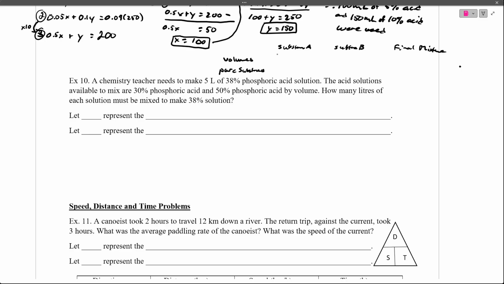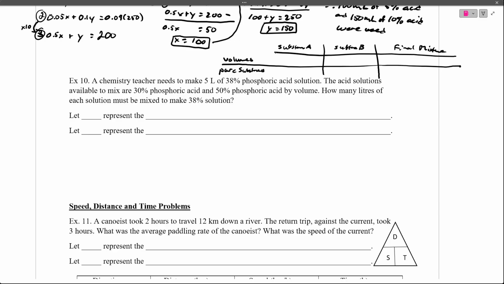Now, in every one of these problems, let's just draw a line here. In every single one of these problems, we're always looking for the amount of each original solution or each original substance. So that's really the goal here.